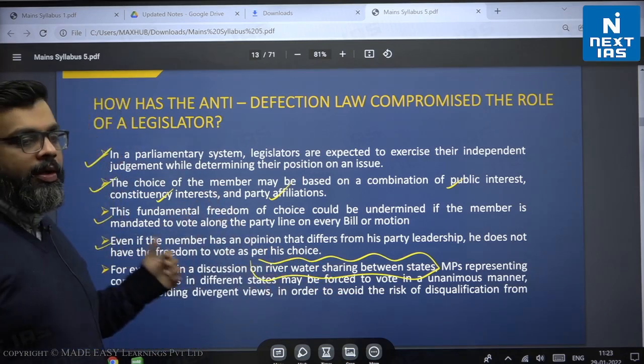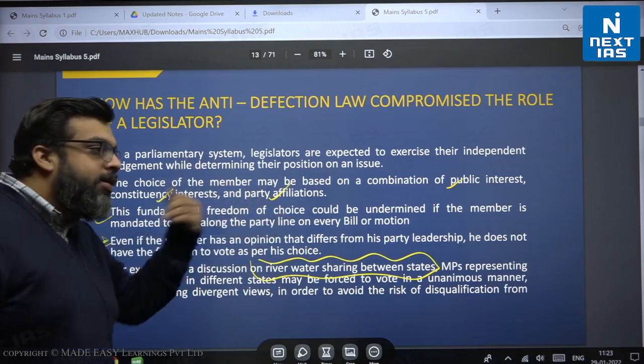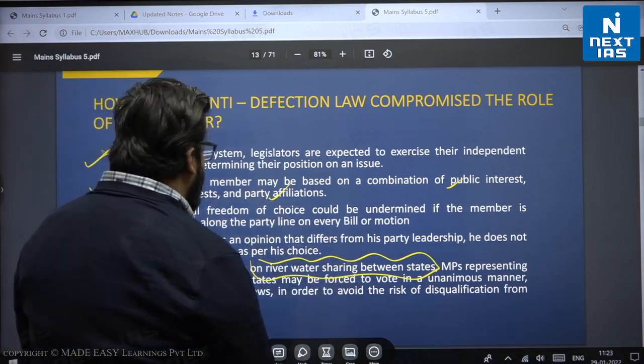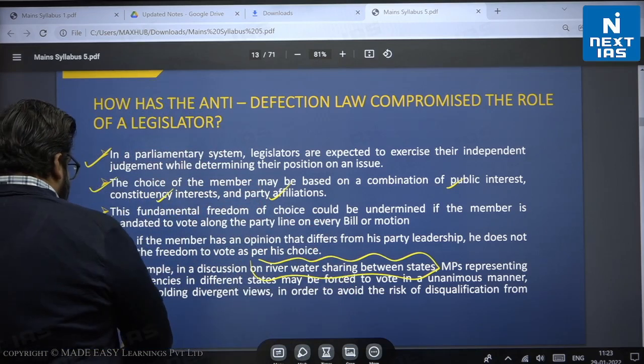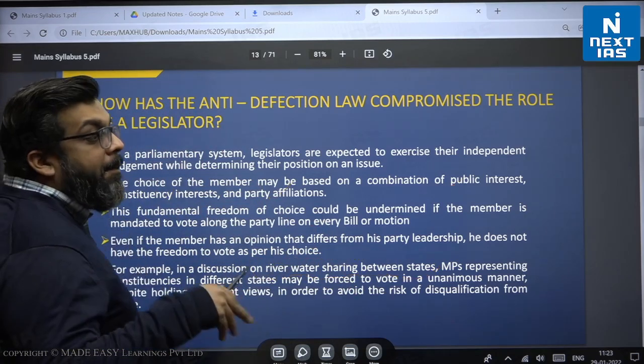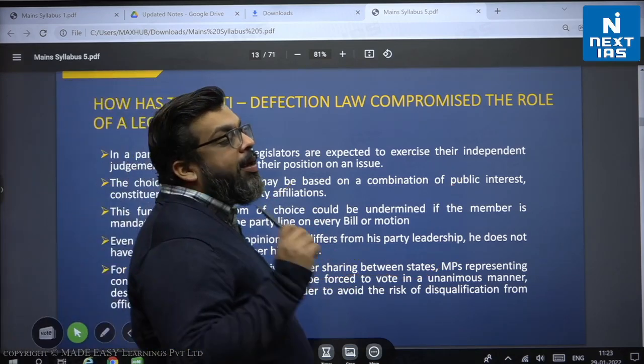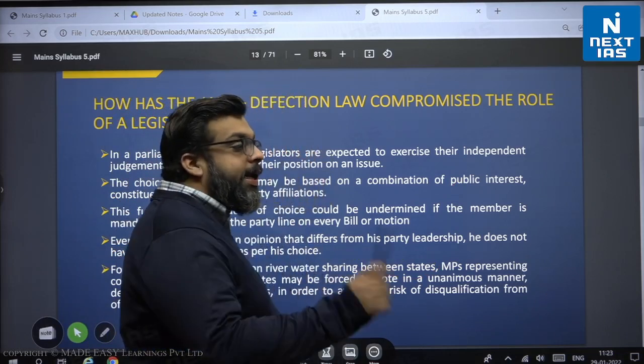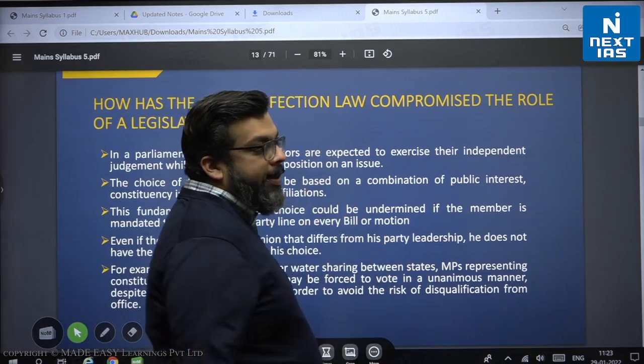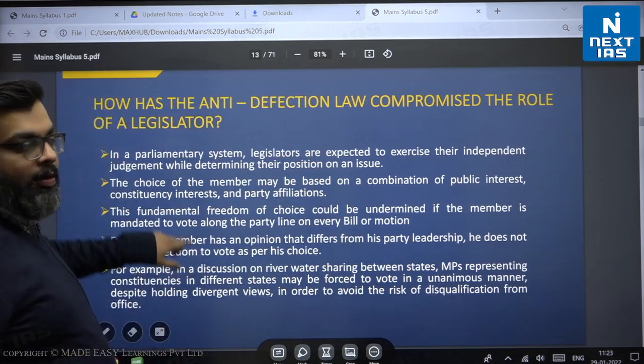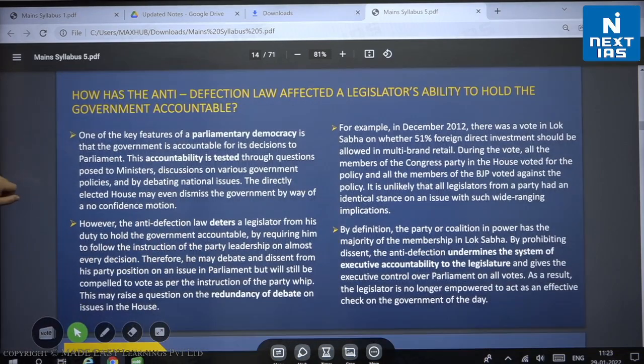So they will vote according to the interests of the party, not the constituency. This is why it is very, very dangerous, which is why parliamentary debates and discussions have become a joke. Because the second you really allow for an open debate, people might just be thrown out of the parliament.